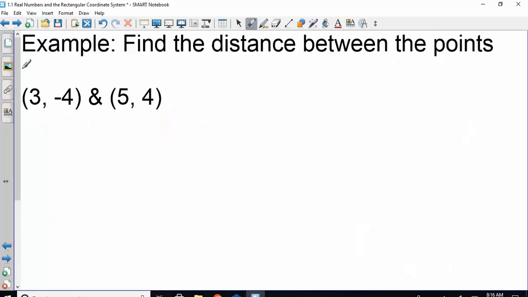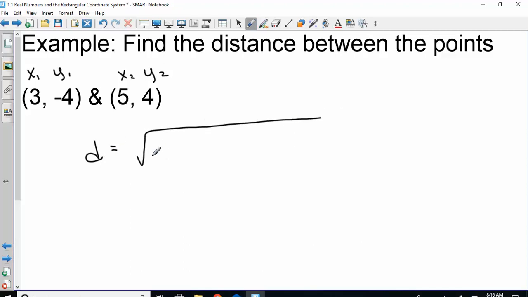So let's look at an example. If I want to find the distance between these 2 points, this is the point x sub 1, y sub 1, and this is x sub 2, y sub 2. The distance formula you just wrote down looks like this.